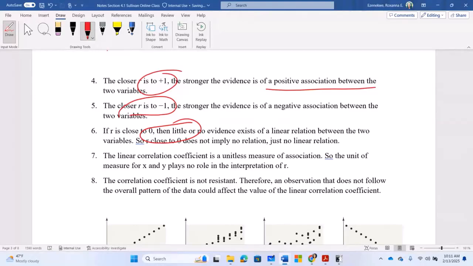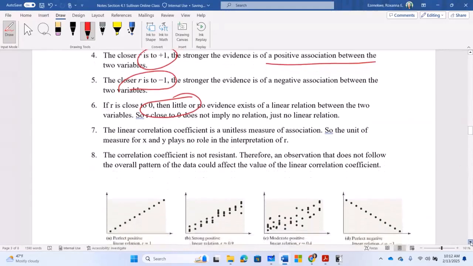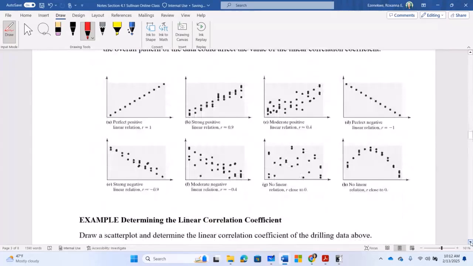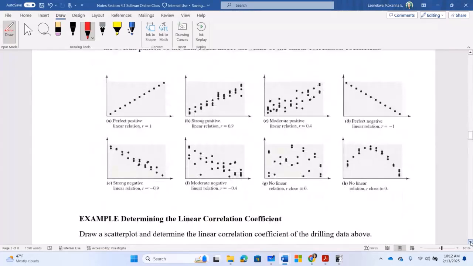So let's go to the next graph here. In this particular question, this is a perfect positive linear relationship, all the points on the line.